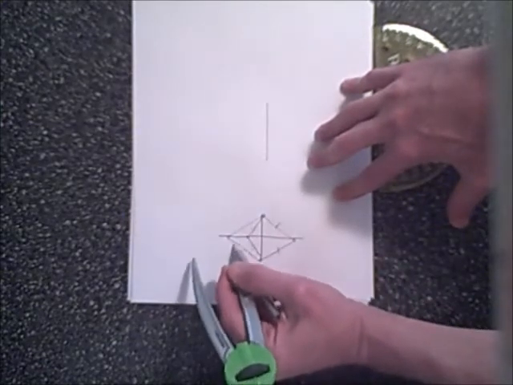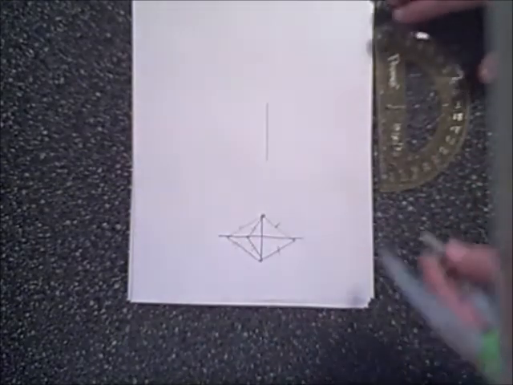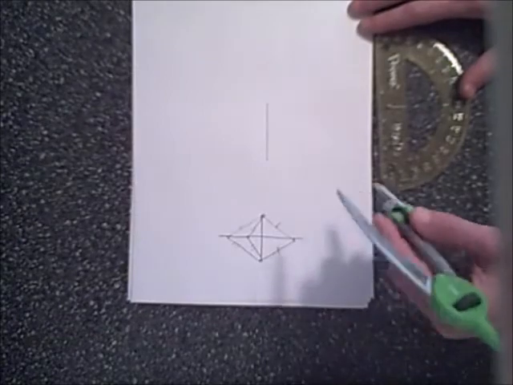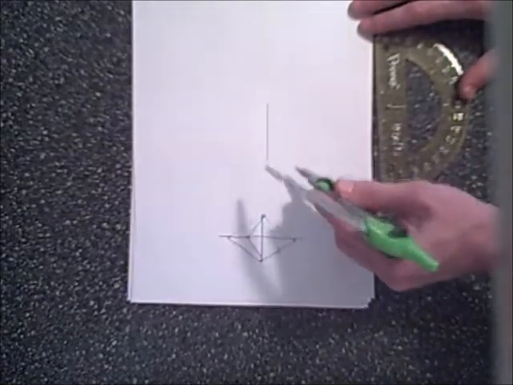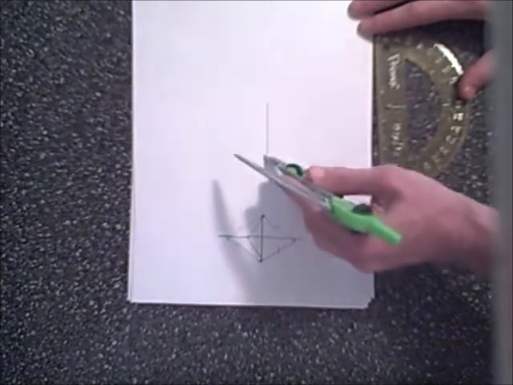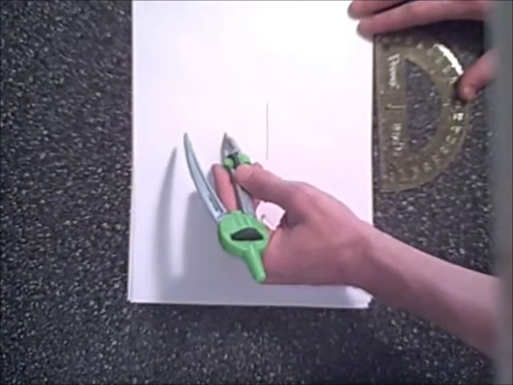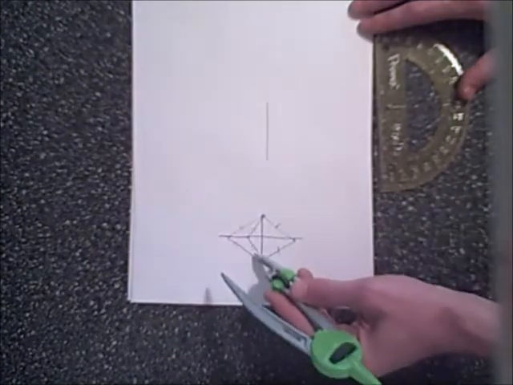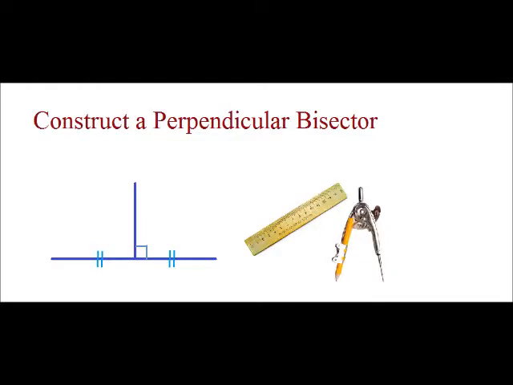Okay, so thinking of it from that perspective, if we can construct two points around here somewhere that are equidistant from the endpoints, we could simply draw a segment connecting them and we would have ourselves a perpendicular bisector. So let's do that.